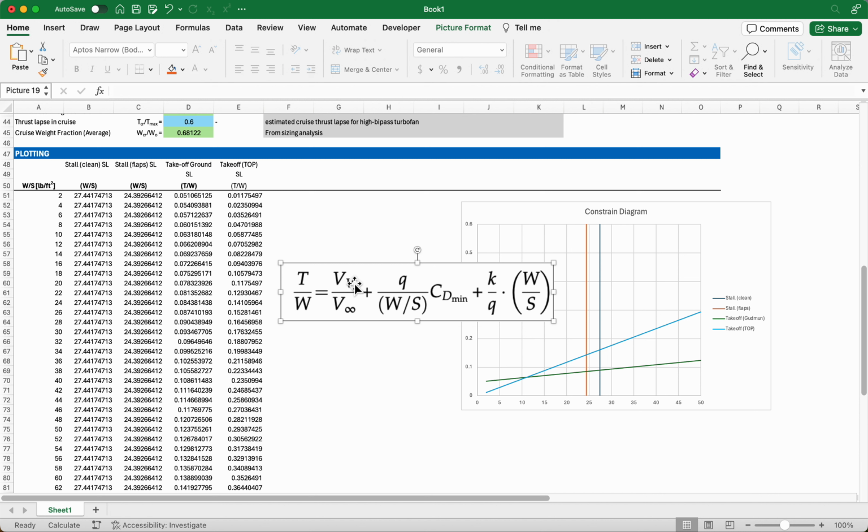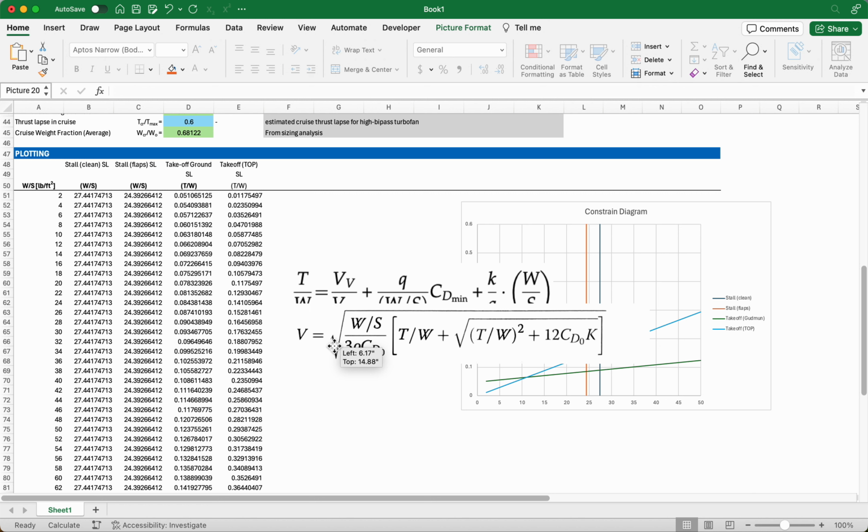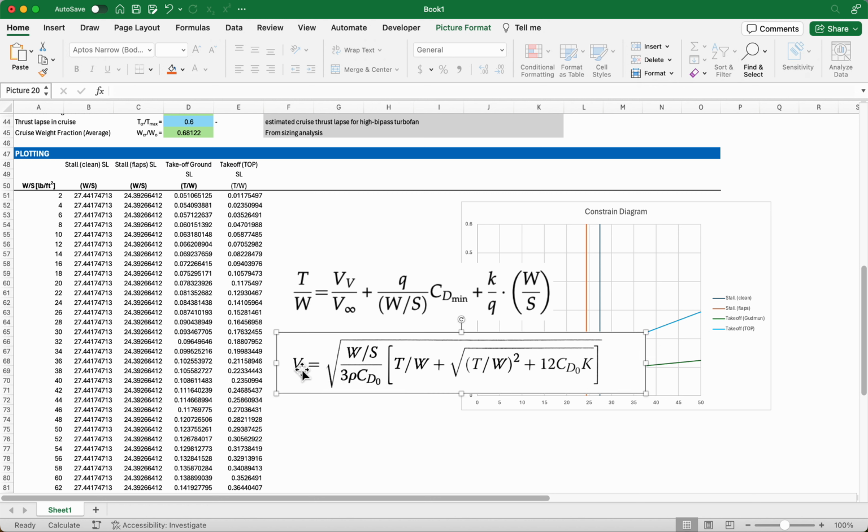And we want to try to solve this for whatever airspeed is going to give us our best rate of climb. And that is going to be a function of our wing loading. Raymer has a nice presentation of this equation, which I'll put on the screen in a moment. So we can get our V infinity, which is our best rate of climb airspeed.